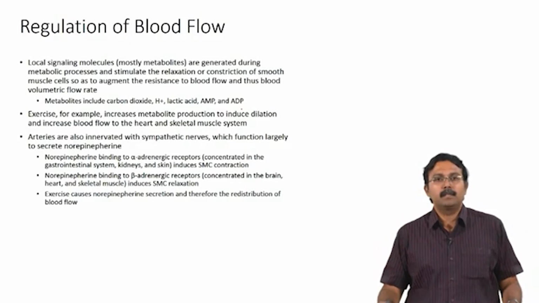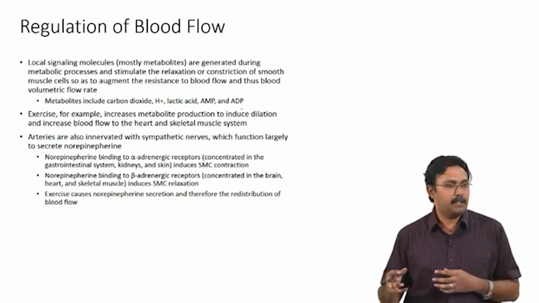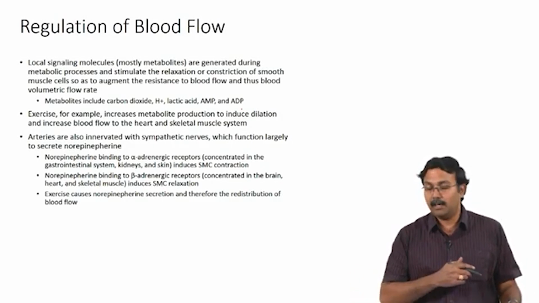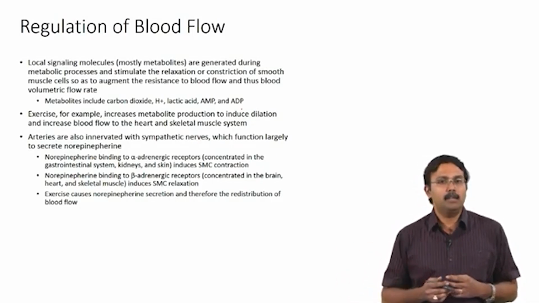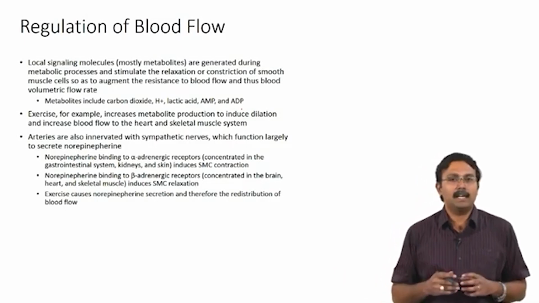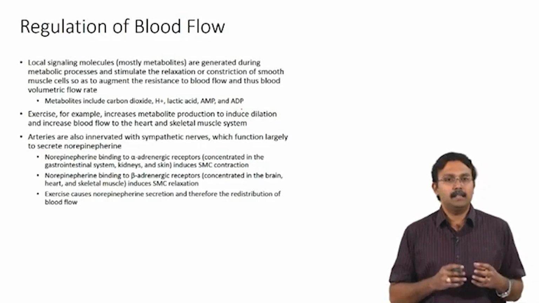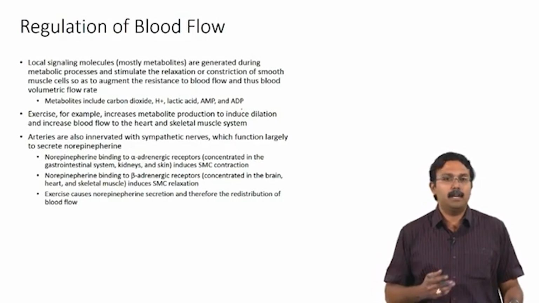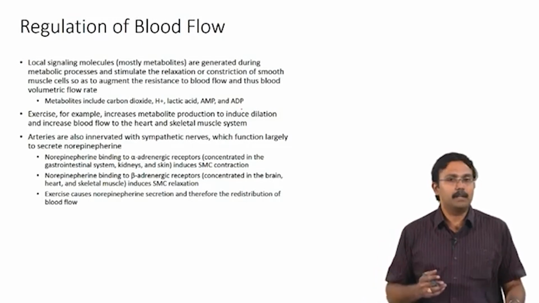Okay. So, there is regulation of blood flow when it comes to these tissues. You have to have blood flowing in one direction. So, there are local signaling molecules which are generated during the metabolic processes, which stimulate relaxation or constriction of the smooth muscle cells, and this provides a resistance to the blood flow, thereby regulating the volumetric flow rate.